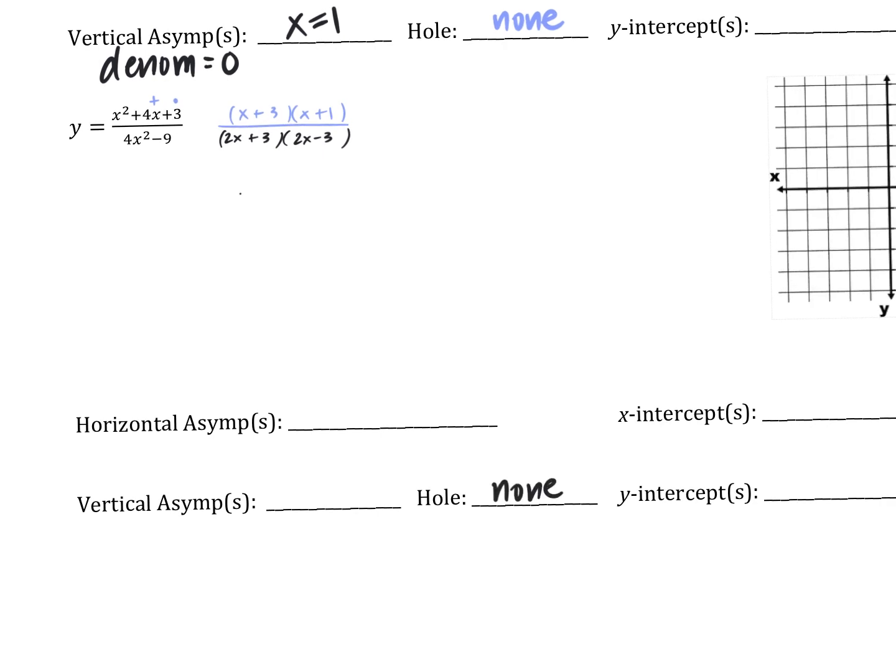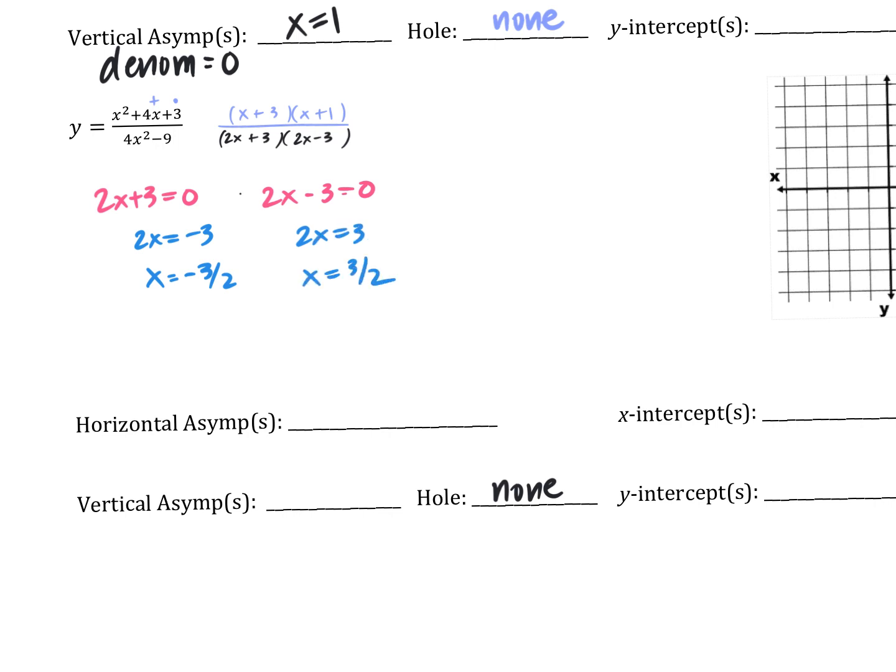Yeah, and that's okay. How would I find the vertical asymptotes on this guy? Same thing. Just set them equal to 0, you guys. When does 2x plus 3 equal 0? When does 2x minus 3 equal 0? Love it. He's saying subtract 3 over, divide that by 2, add 3 over, divide by 2.